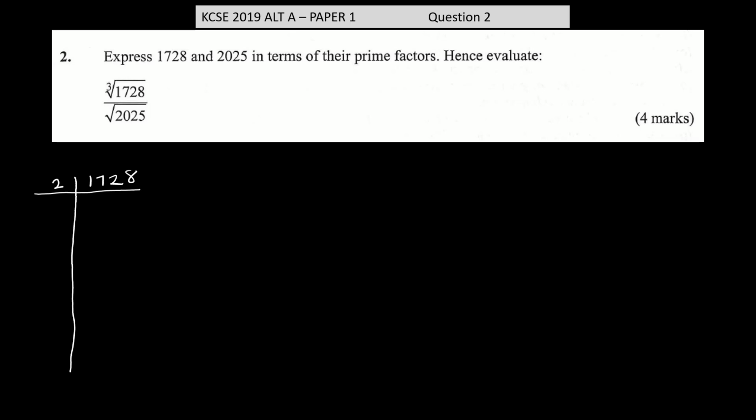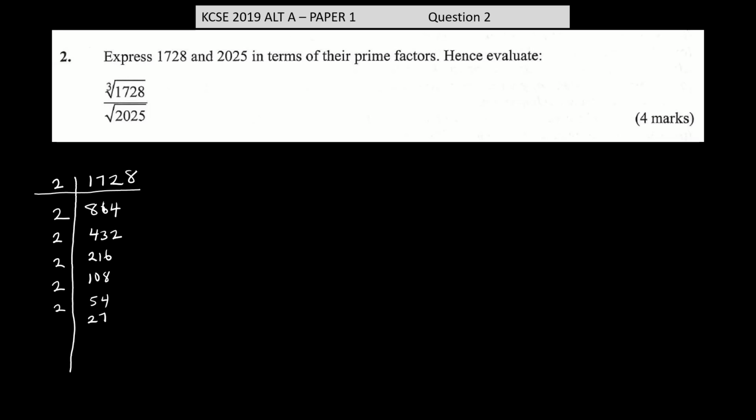So 2 into this number gives 864. 2 will also go, 2 into 864 equals 432. 2 into 432 we have 216. 2 into 216 we have 108. 2 into 108 we have 54. 2 into 54 is 27.